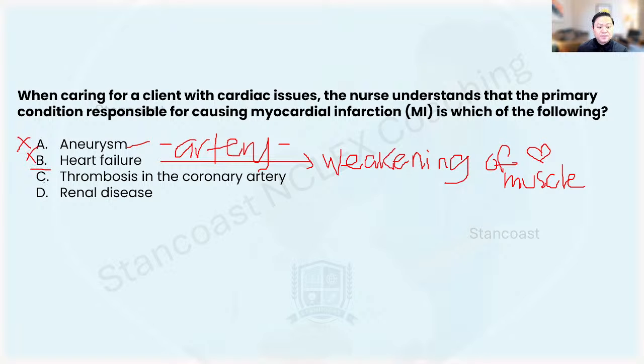Now let's take a look at letter C. Is this going to be a correct answer? I believe so. Well, thrombosis in the coronary artery, it's basically that lodging. It's the formation of a blood clot within the coronary artery. And this could possibly happen when the clot gets trapped in those narrowed blood vessels where the atherosclerosis is.